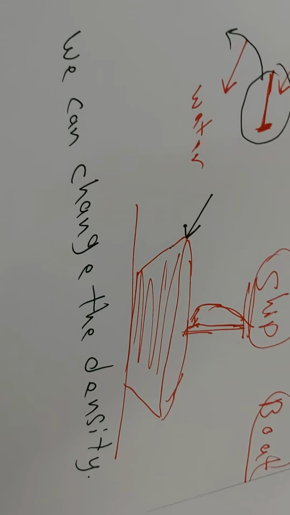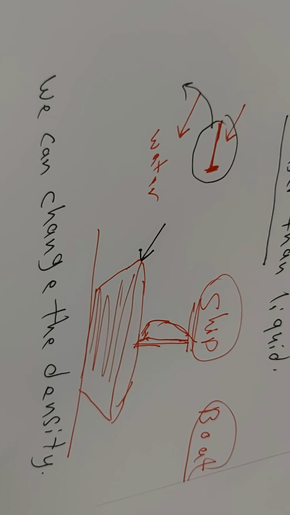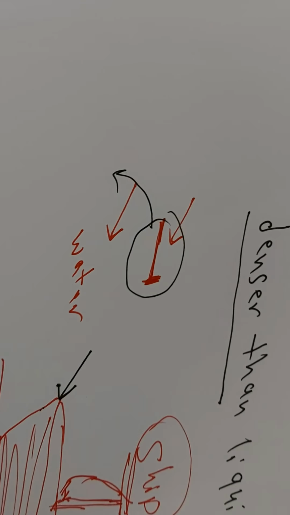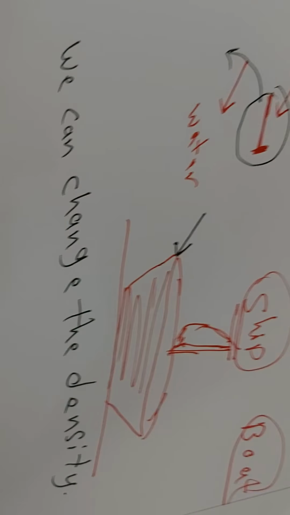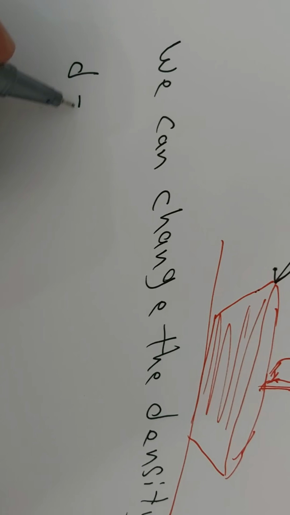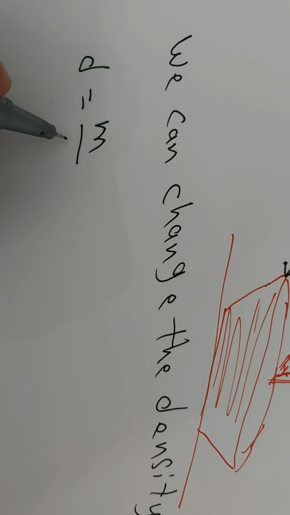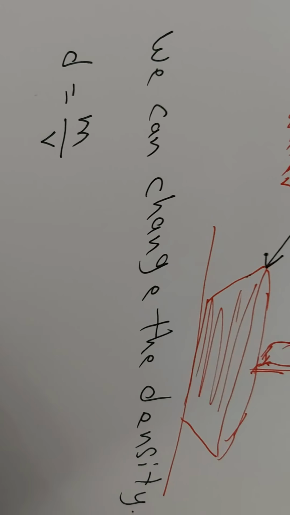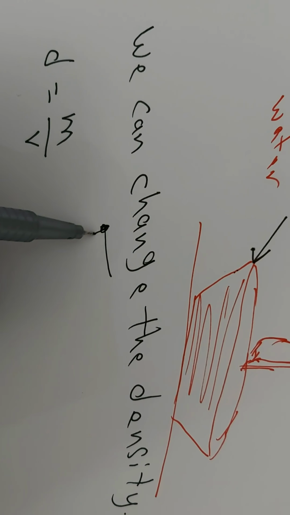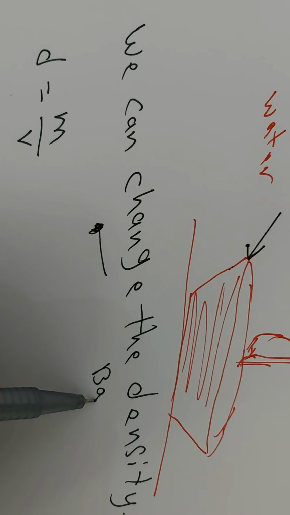If we change the density, we can make objects that sink float. How? We know density equals what? Density equals mass divided by volume. Let's take the nail and let's take the boat.